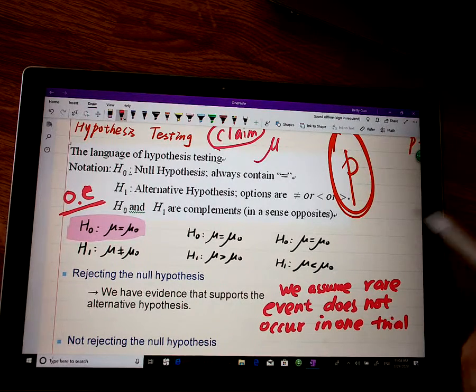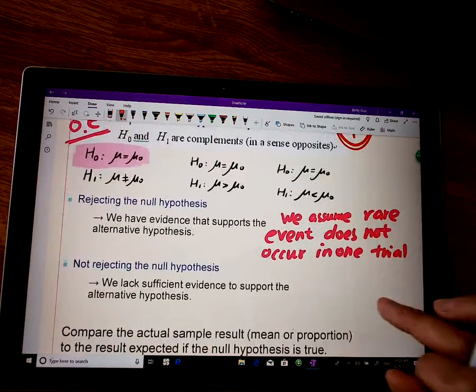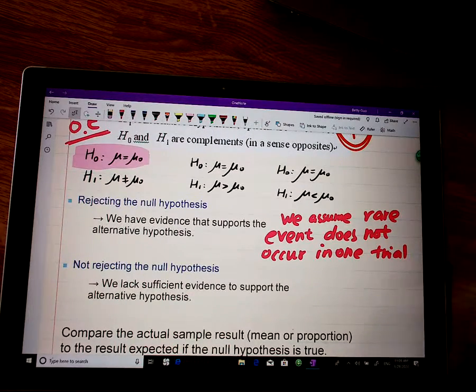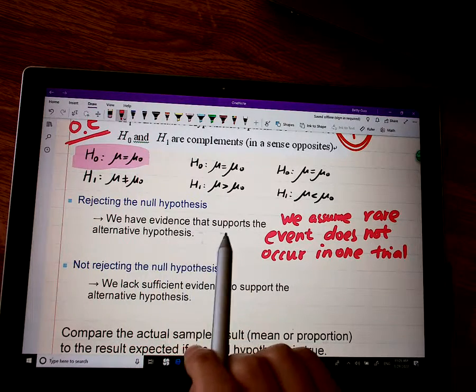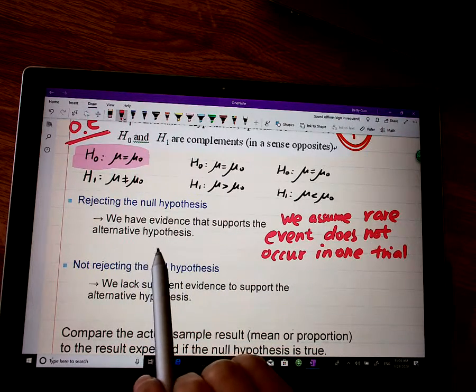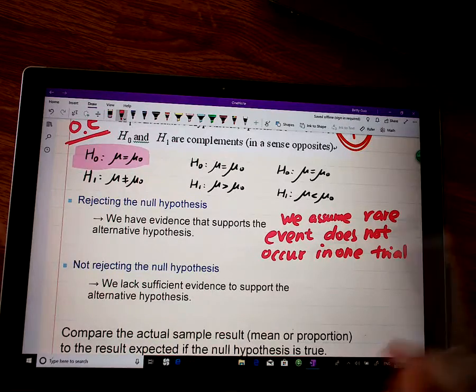If you repeat this part, what I said should help you to make sense of it. Repeat it, just repeat it. Rejecting the null, we have evidence that supports the alternative. Not rejecting the null, we lack sufficient evidence to support an alternative.